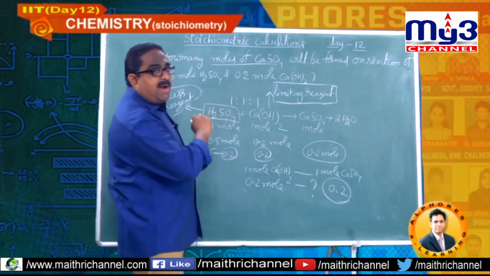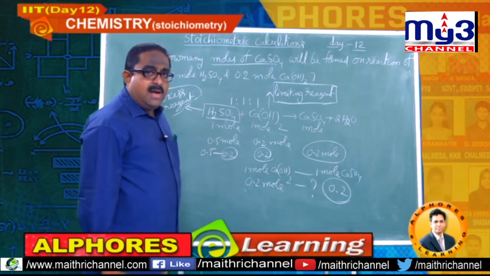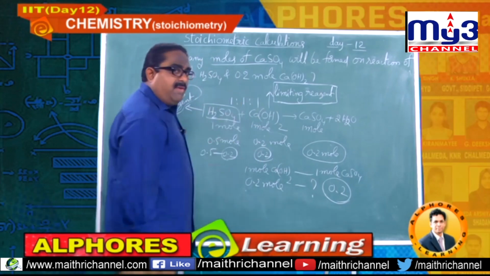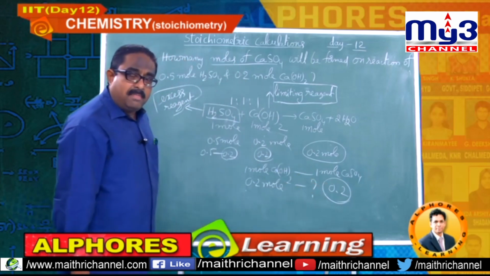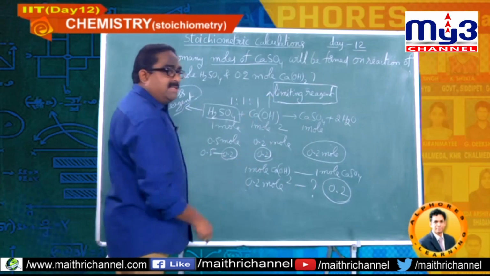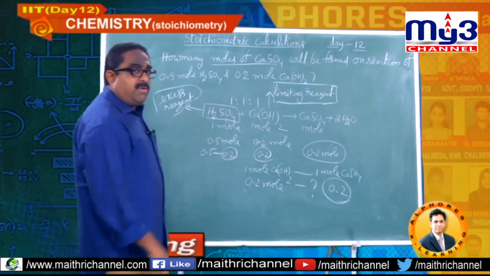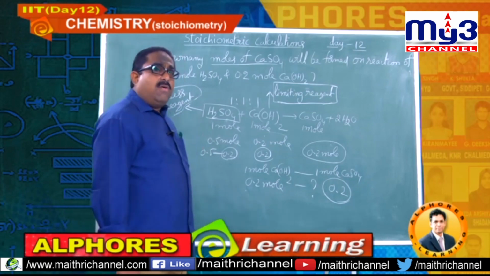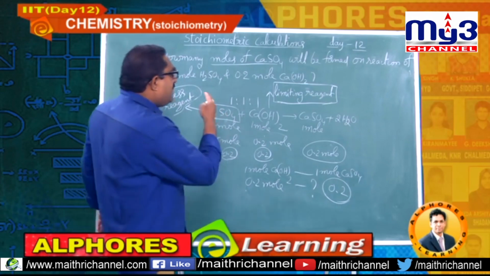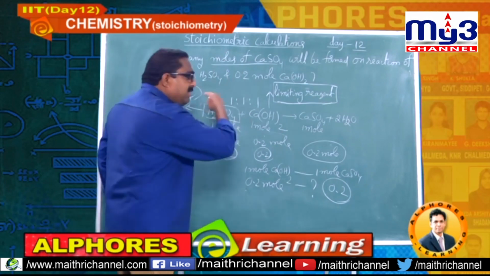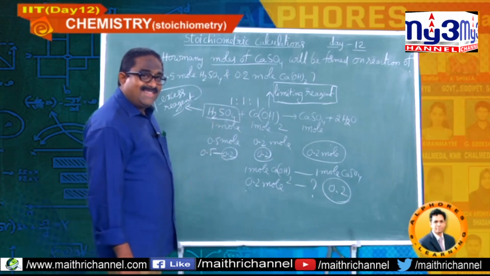So for this type of numericals, first of all we have to fix which is the limiting reagent, and immediately after that you can assess the amount of product based on the amount of that limiting reagent. So to solve this type of numericals, one should find out which is the limiting reagent among the given reactants, and based on that you can answer the question within a short time. Okay, students?